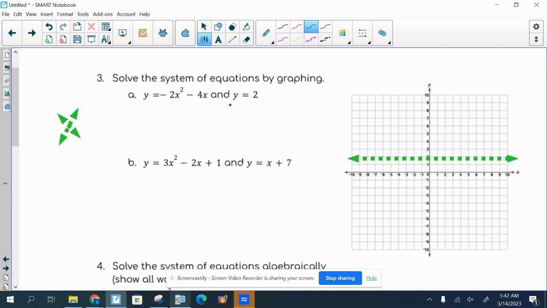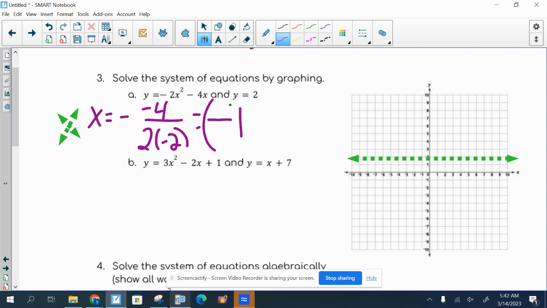So use x equals negative b over 2a. So negative b would be negative 4 over 2 times a, which is negative 2. And there are 3 negatives, so 2 will cancel, but 1 will stay. So 4 over 4 would be negative 1.